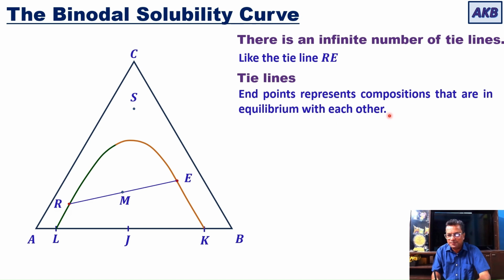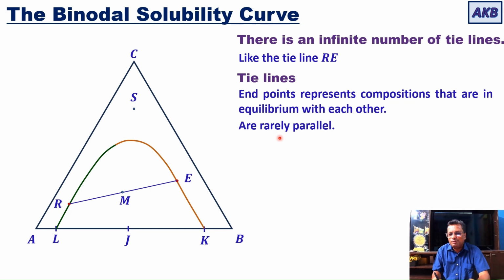For the tie line RE, the end points are R and E, and they represent compositions that are in equilibrium with each other. These tie lines are rarely parallel.